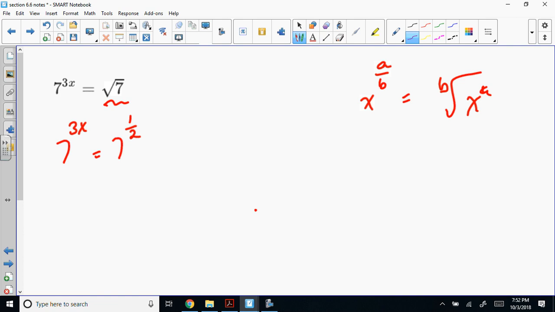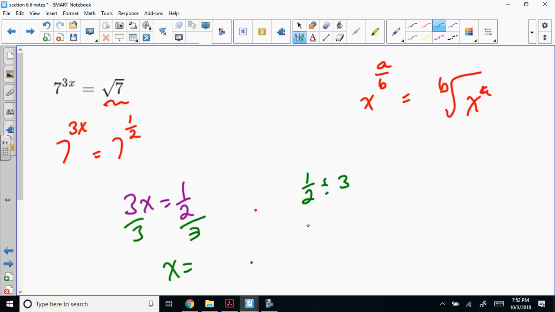Okay. So now I got 7s, right? The bases are there. So now it's 3x equals 1/2, right? So I will divide both sides by 3. So x equals, here, there. So that's B, and there's A, right? And the A is 1, and here's a 2, right?